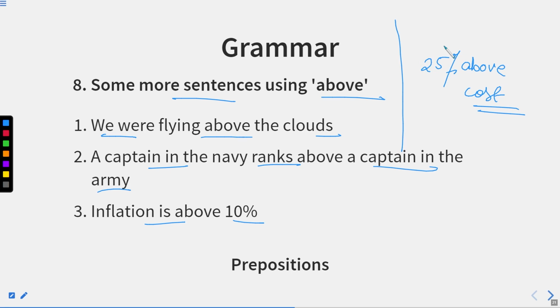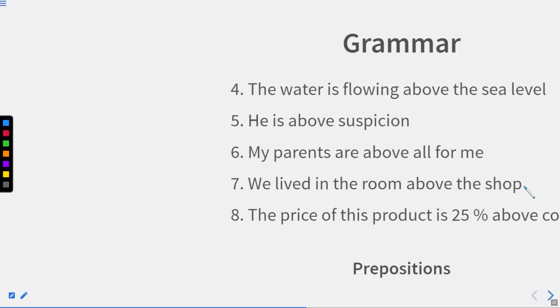It means in cost price, he's adding 25% of CP, that is the mark price. So here we are learning some concept of maths as well, though I'm not teaching you maths, but I'm just showing how we use this above in case of cost price and mark price.